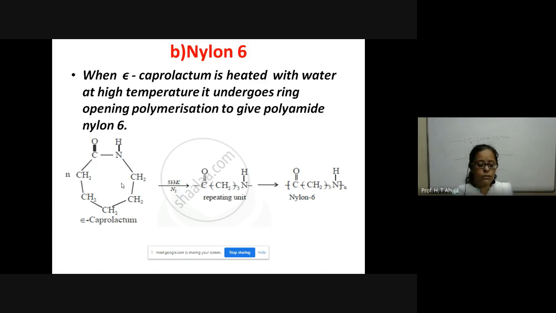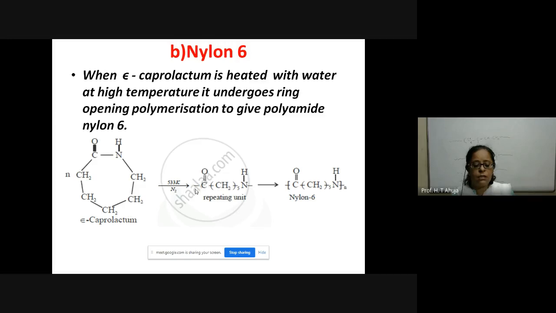So it is called epsilon caprolactam. Now, when this epsilon caprolactam is heated at a very high temperature, the ring opening takes place and the bond between this carbon and nitrogen is broken. Then the polymerization of these units takes place.